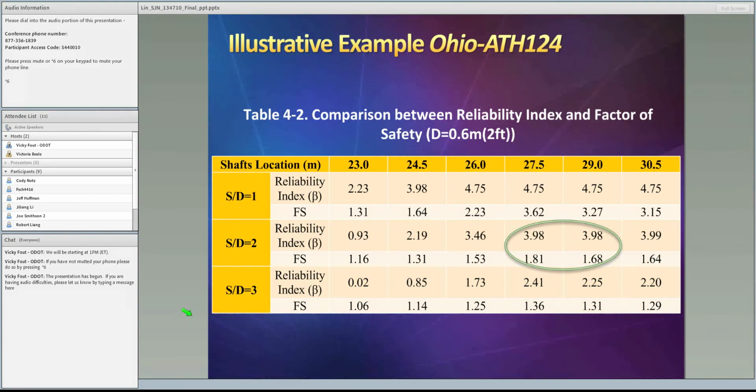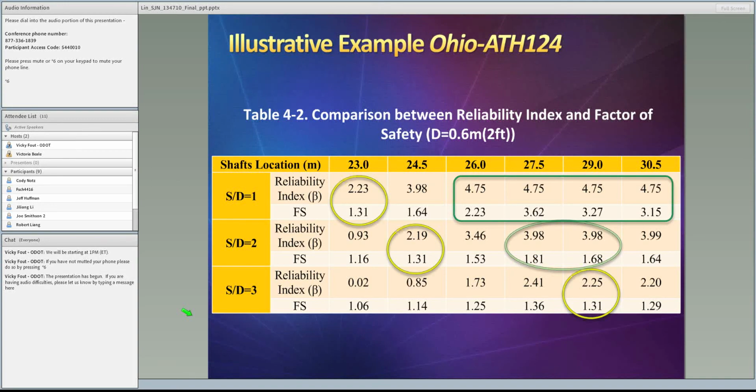And for these 3, you can see that they have the same factor of safety. However, the reliability index is different. So why do we get the same factor of safety but different reliability index? Because of 2 points. First, the arching theory is different, because the arching theory is based on 41 finite element regression. Using the factor of safety is a deterministic part, where the eta load transfer factor is fixed.